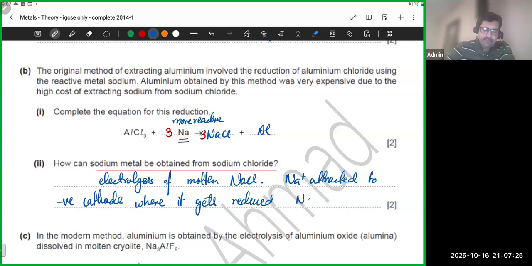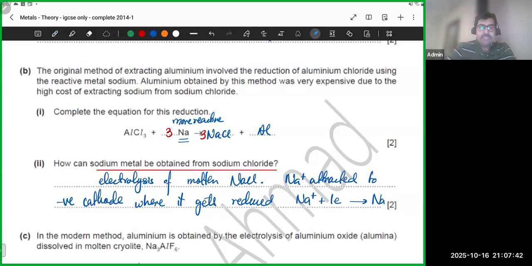And you can write the equation. The cathode is going to be giving it electrons and it will turn back into sodium metal.